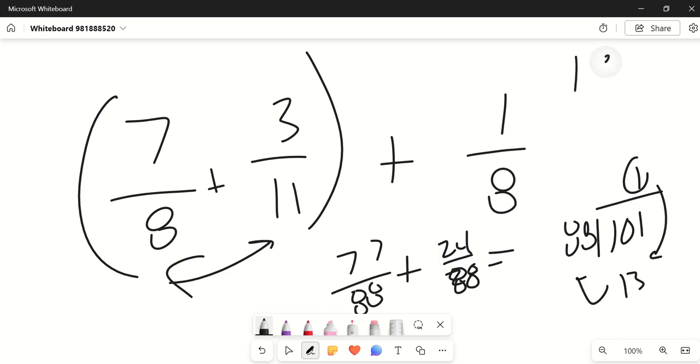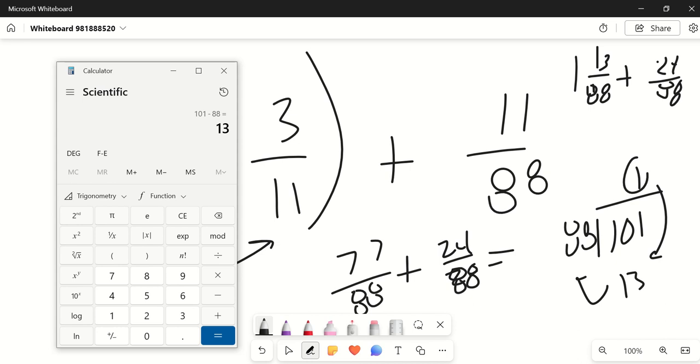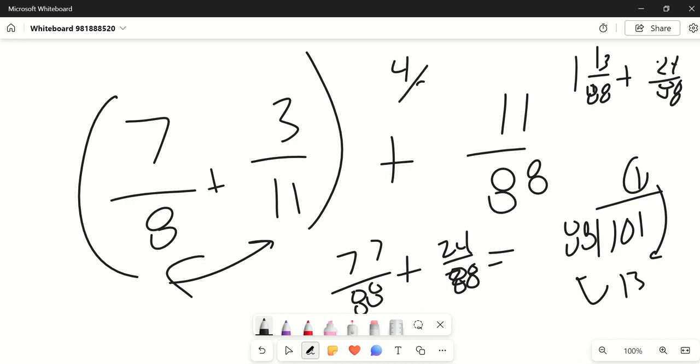1 and 13/88. We'd have to multiply this by 11 again to add. So that would make 24/88. 24 and 88 would both have 4 in common, correct? 24 divided by 4 would be 6. 88 divided by 4 would be 22. 4 out of 22.